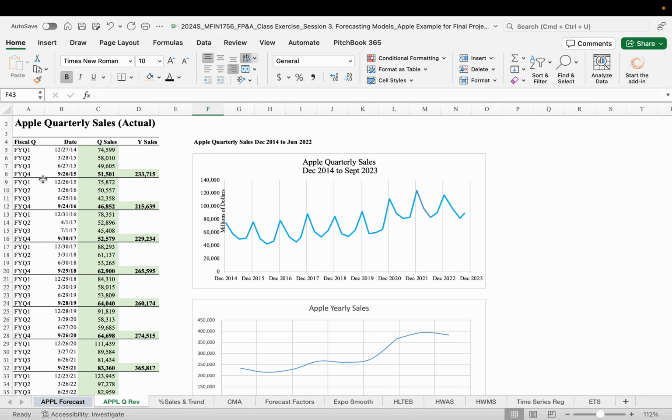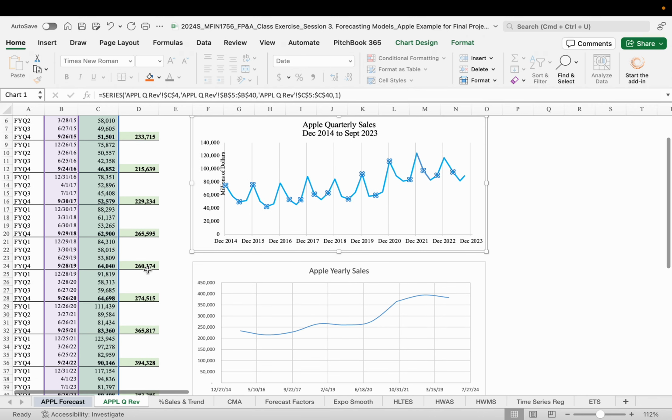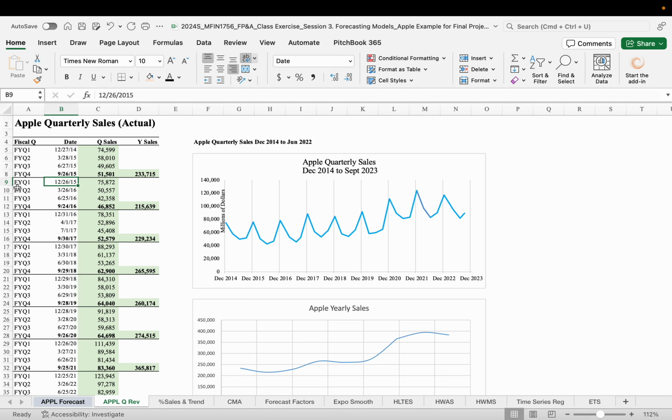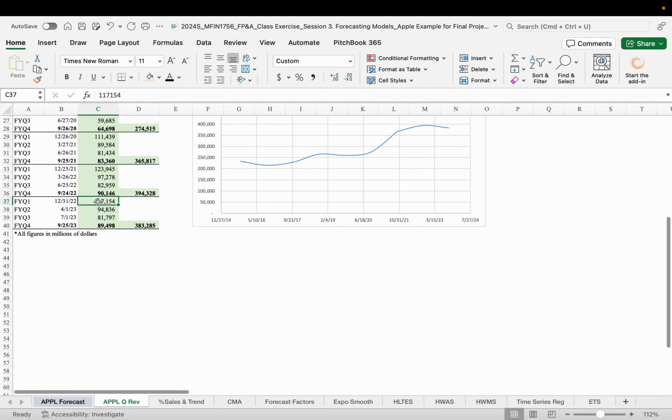Apple has its fiscal year end not in December but in September, right? And then they have seasonality. Fiscal quarter one is the highest in sales.